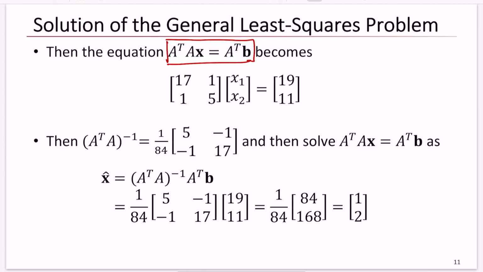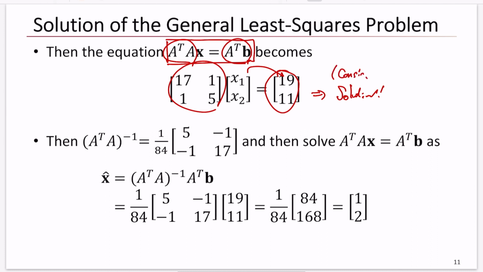Because we know A transpose A looks like this and A transpose b looks like this, we can just find the solution for this, which is a least squares solution. And we can check that this is a consistent system. There are many ways, but because A transpose A is a square matrix, you can just find the inverse of the square matrix.